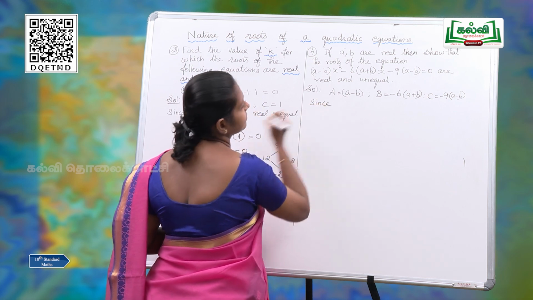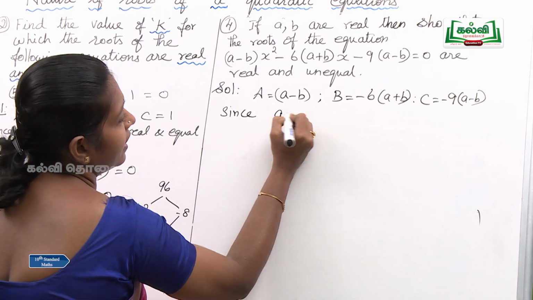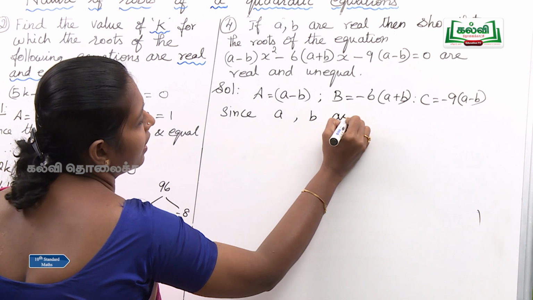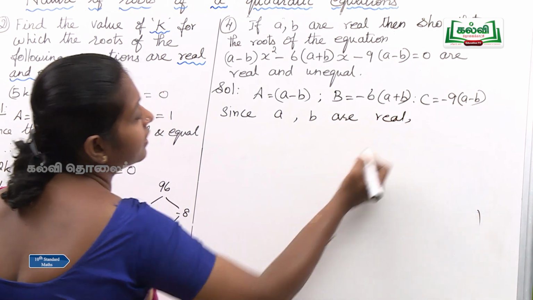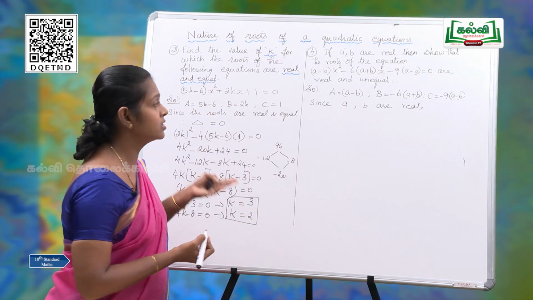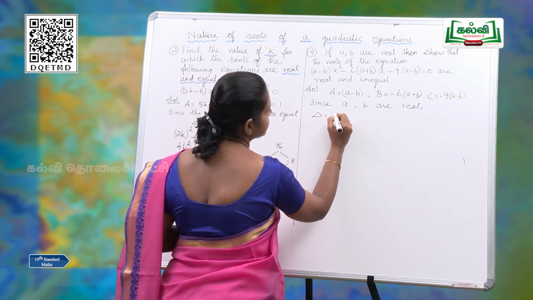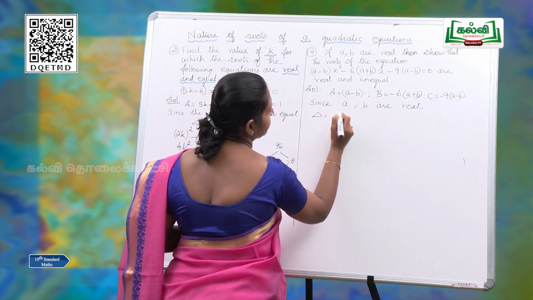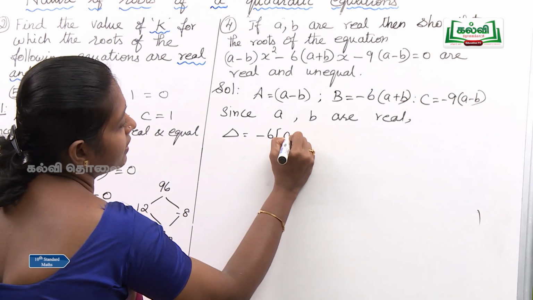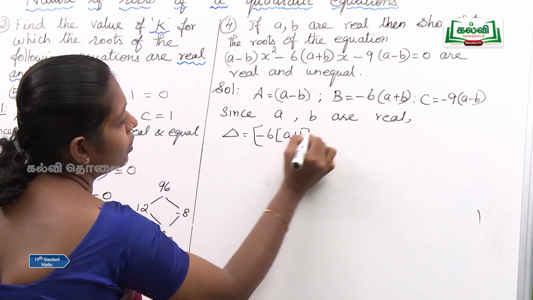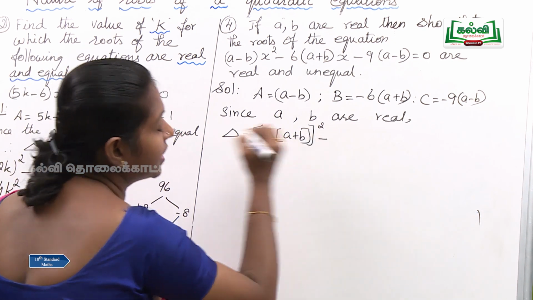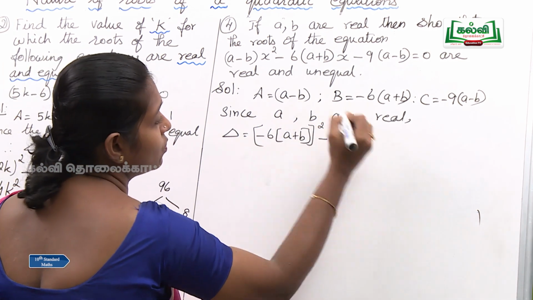Since a and b are real, this is the condition given in the question, that should be written once. Then find the delta value, that is b squared. What is b here? Minus 6(a plus b) whole squared minus 4 into a.